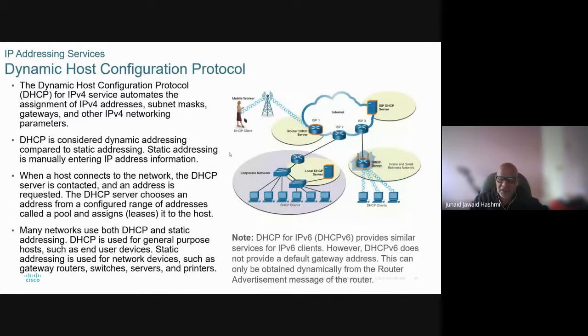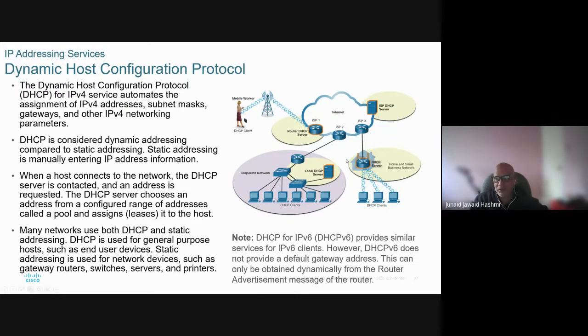Everybody knows what DHCP is. It assigns IP addresses to the client. When a computer is configured with the DHCP protocol, meaning you chose obtain IP address automatically, when your computer starts, it sends a broadcast to the network.